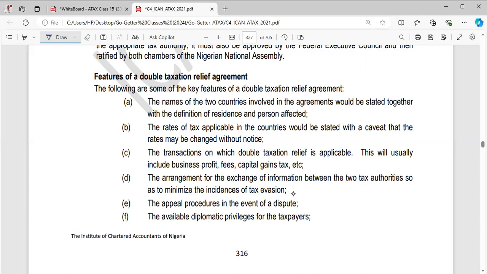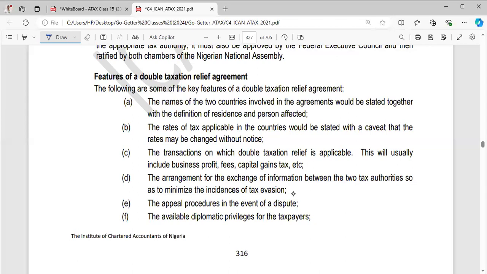Then, if it is a company, it could be that Nigerian resident company will be based on incorporation. It is registered in Nigeria. That is what makes it a Nigerian company. Then maybe the US will say management is done in US, then it makes it a US company.